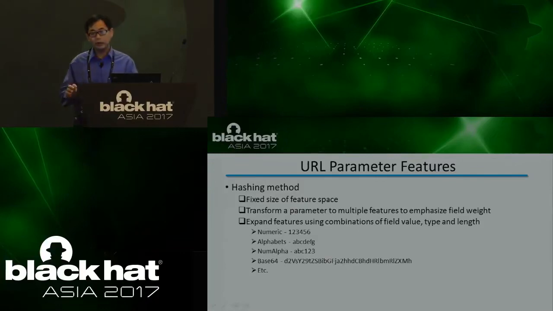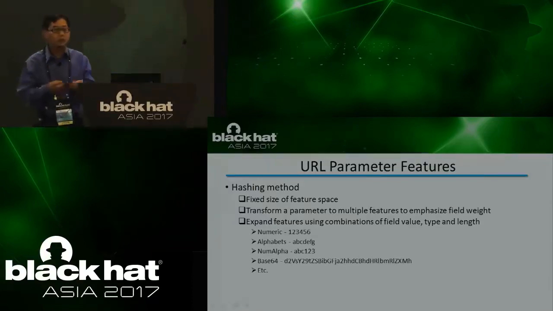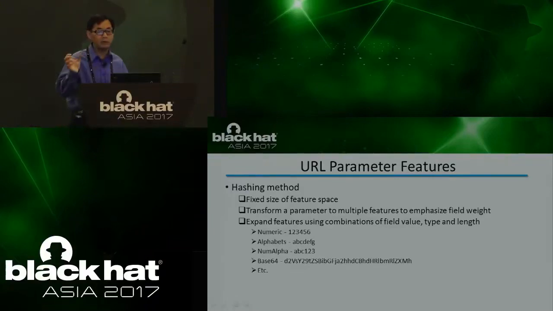These features are a combination of its actual value and the type plus the length. For example, if it's a number, we call it numeric. If it's pure letters, we call it alphabet. If it's mixed, we call it num alpha. We also have some encodings, like base 32, base 64. So it basically tells what type of text this is.